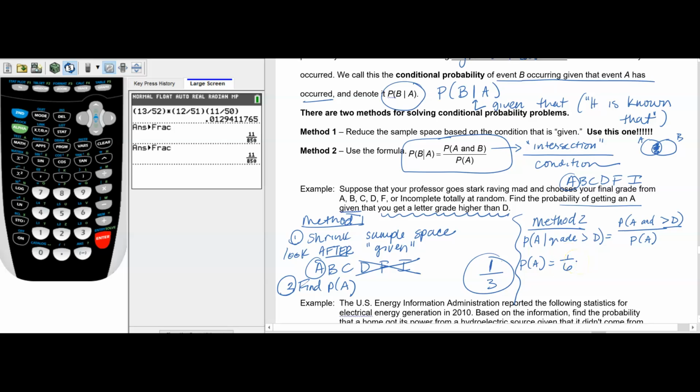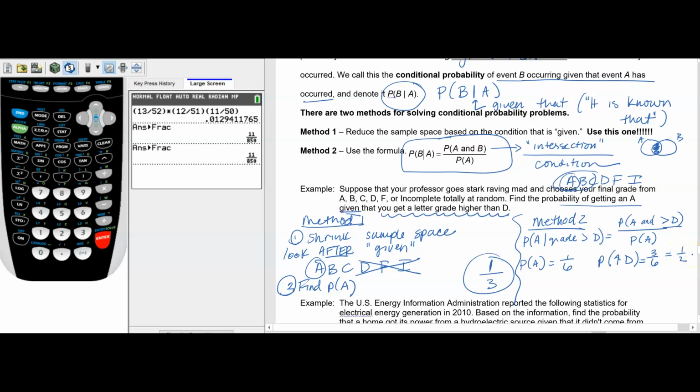The probability of a letter grade higher than D is an A, B, or C, so that's 3 out of 6, or 1/2, okay?